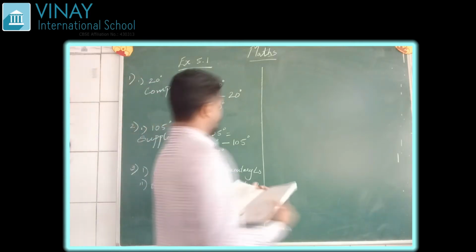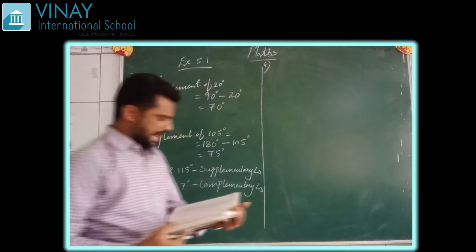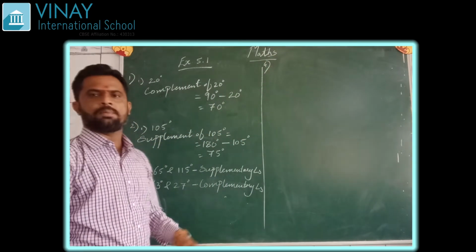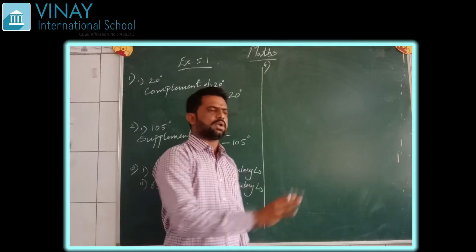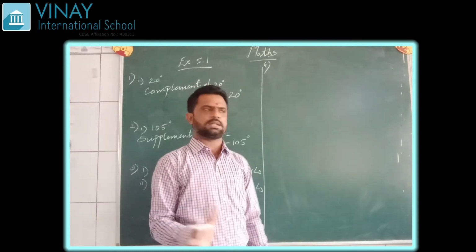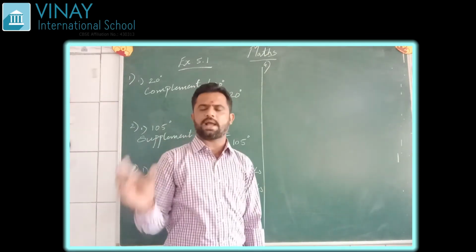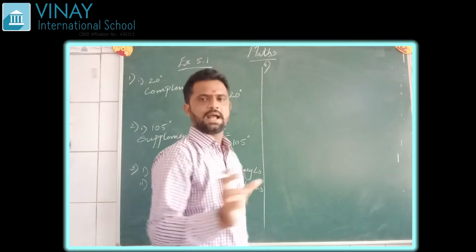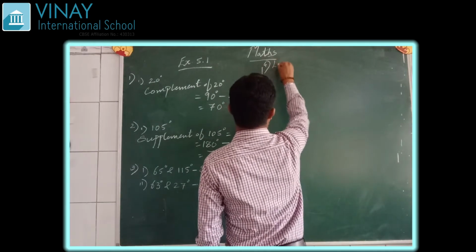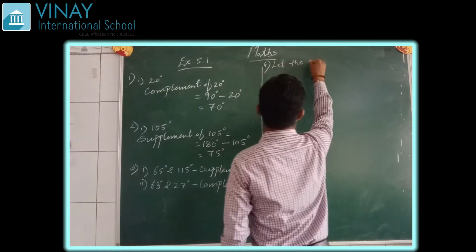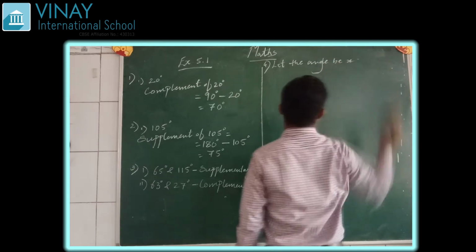Now, question number 4 is find the angle which is equal to its complement. Means we have to find the angle where both the angles are equal and the sum of both the angles is 90 degree. So let the angle be x.